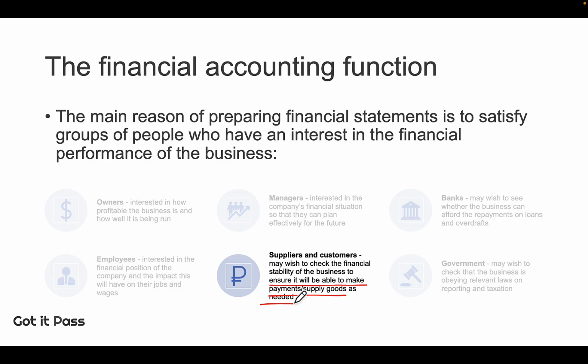The supplier can sell the expensive equipment to the customer, but the requirement is they need to check the customer's financial status or financial conditions. They need to read through the audited financial statements from the customers so they can assess whether the customer has the ability to pay for the expensive equipment.